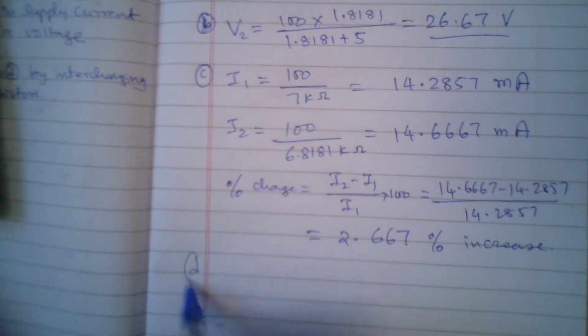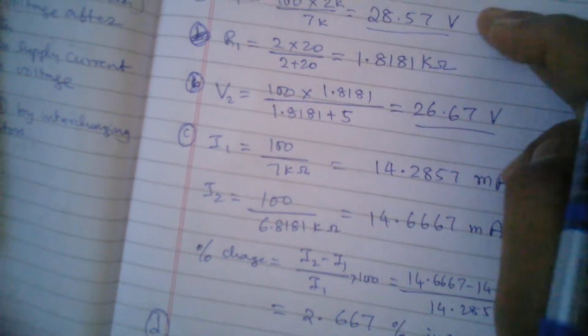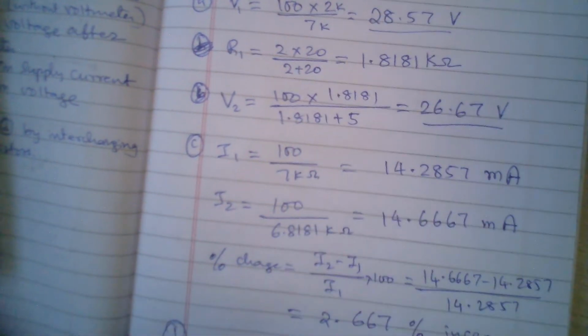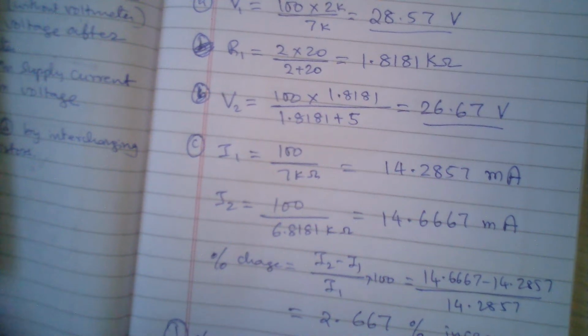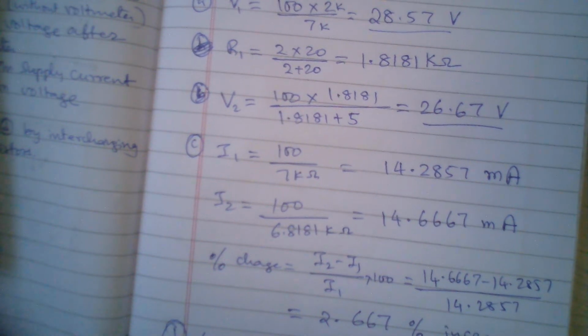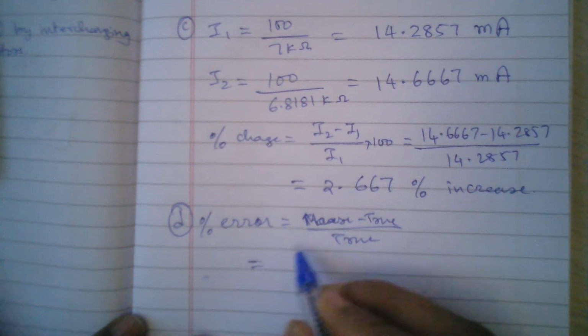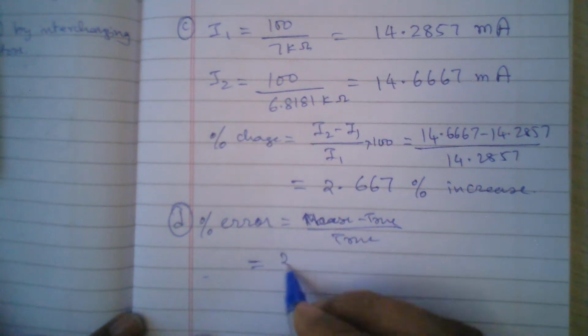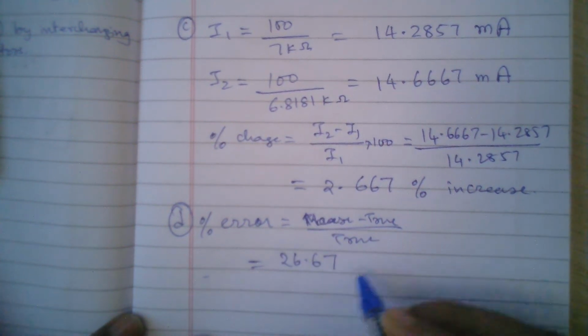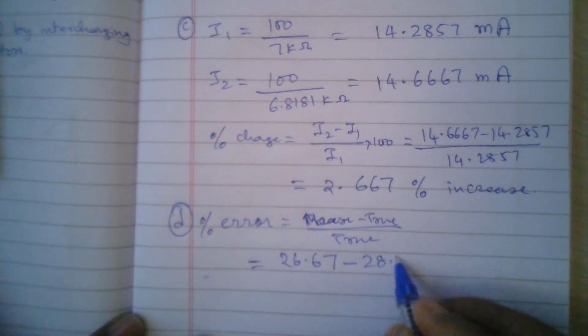Anyway, now come to the final one. What is the percentage error in the measurement itself? Percentage error is measured minus true divided by true. That is the equation. So what is the measured value? The measured value is 26.67 and the true value is 28.57.